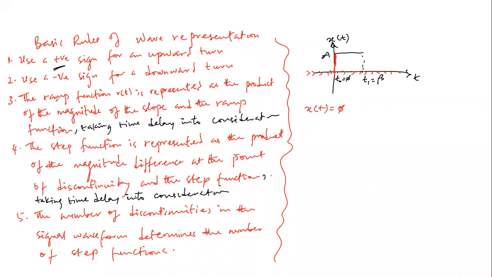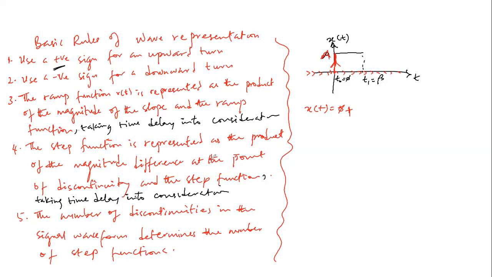And 0.2 says use a positive sign for an upward turn. This is an upward turn, okay? So it's positive. Okay, and it's a step function, so that brings us to 0.4. The step function is represented as the product of the magnitude difference. The magnitude here is A, that's the amplitude, okay?